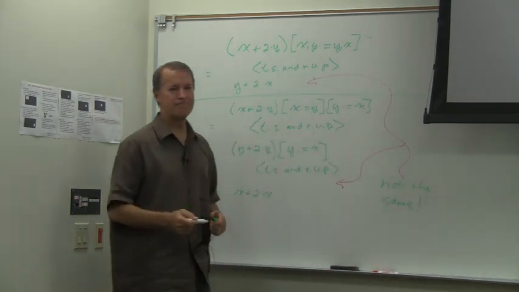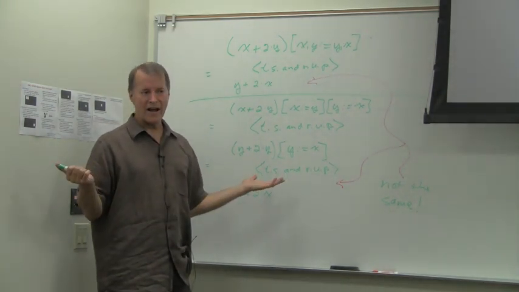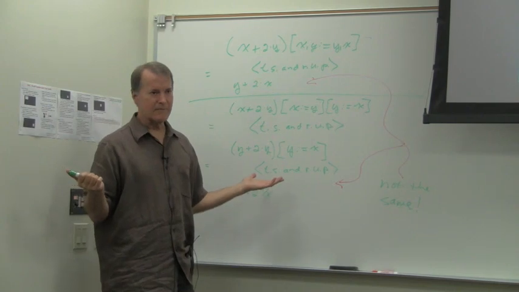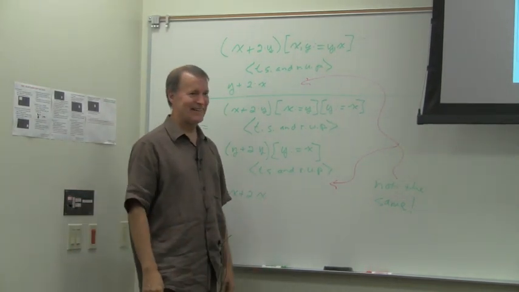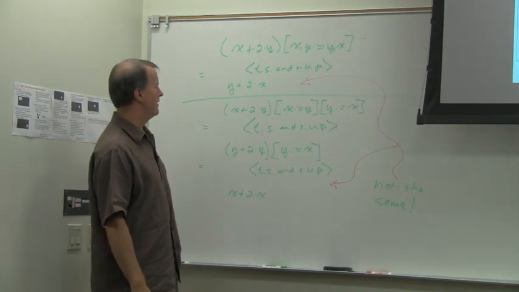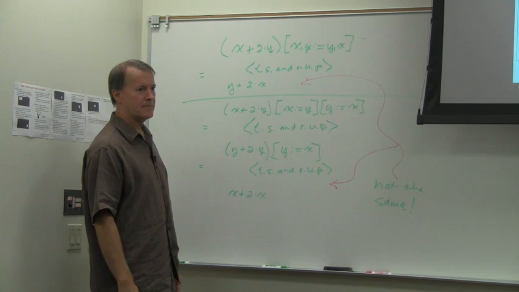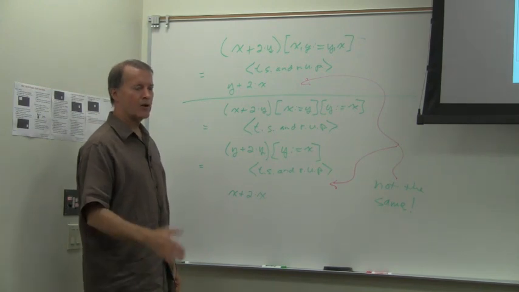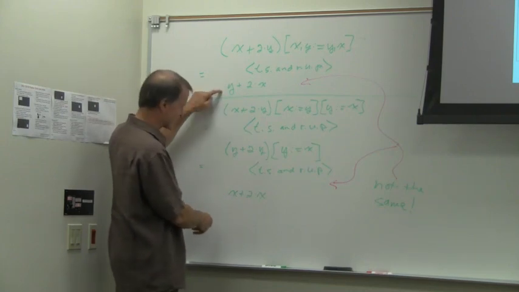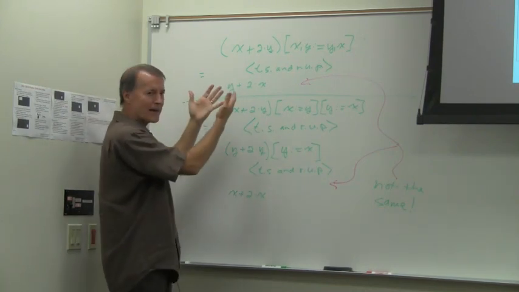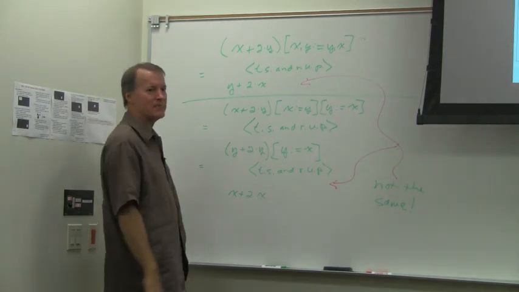Why not? You see, the top one has a y. My question is why did it turn out that way, and when could they ever be the same?